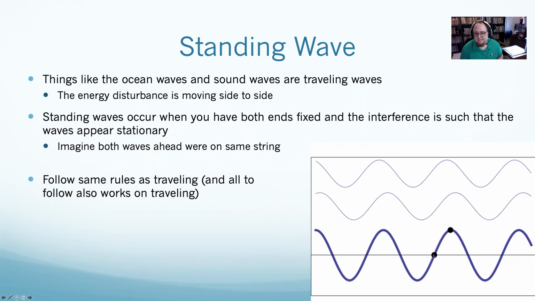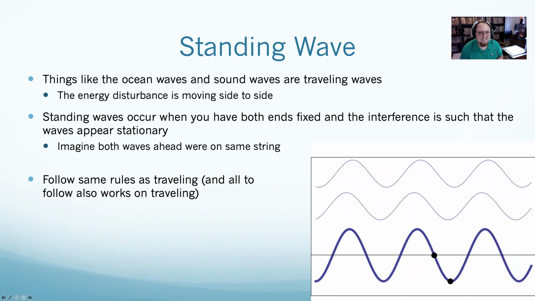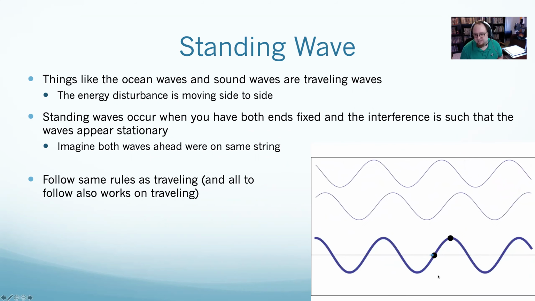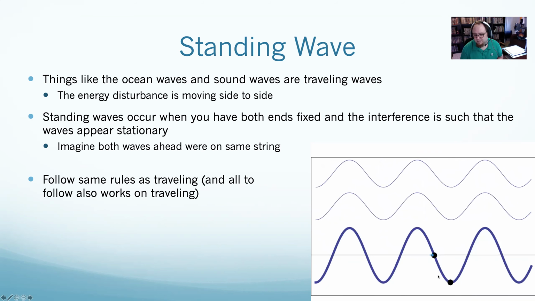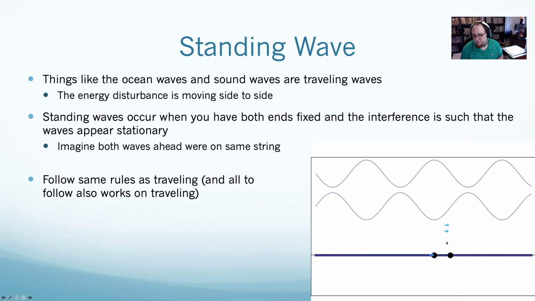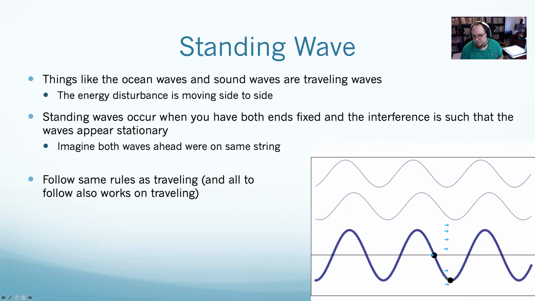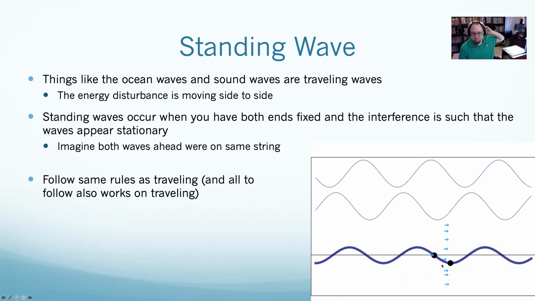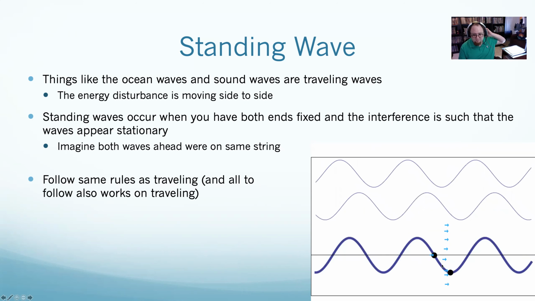What I would say is a node is a place that isn't moving. This right here is a node because it's not moving at all. An antinode is a piece where the displacement is maximum. This other black dot is an antinode, because that's what's moving the most.